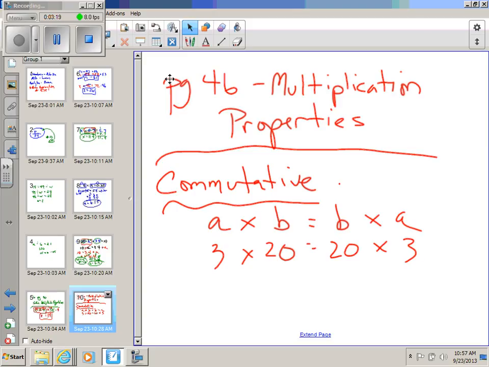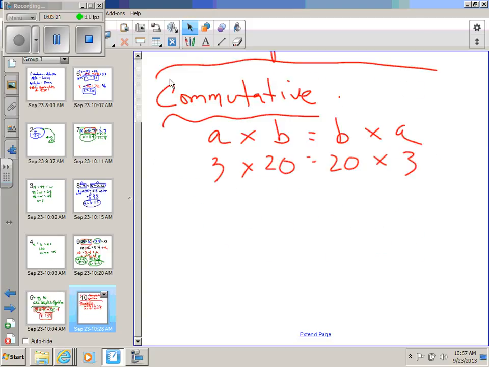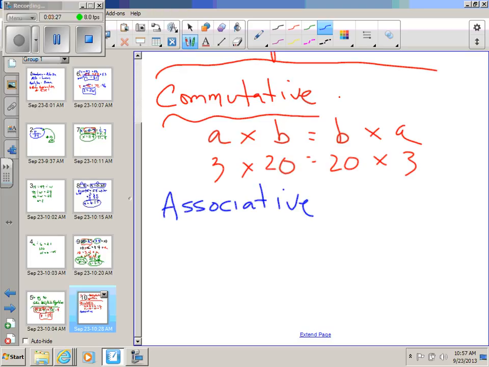The associative property. Usually when you're working with 3 or more factors, it requires grouping.